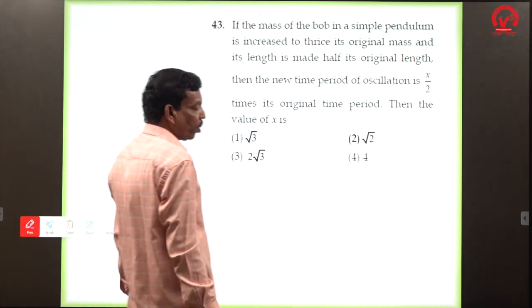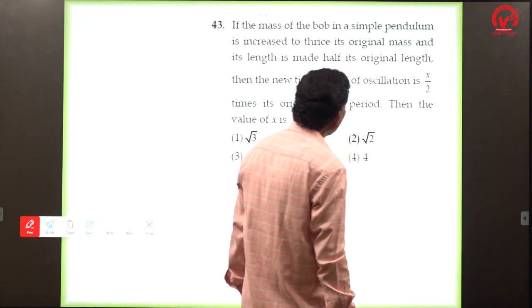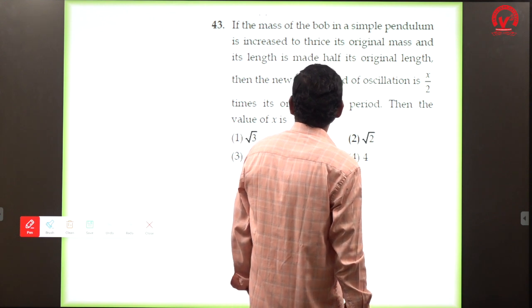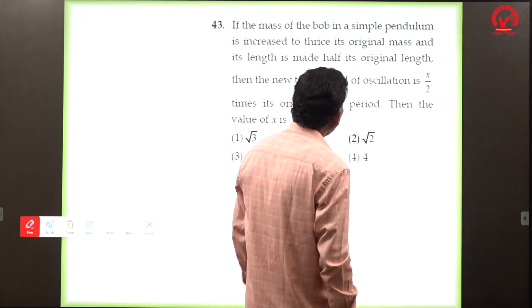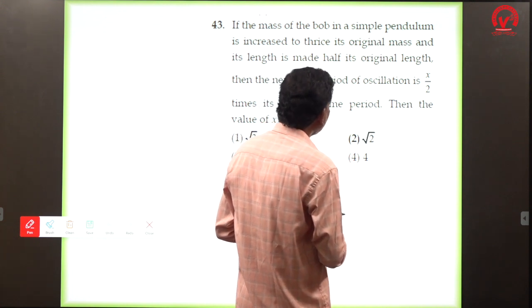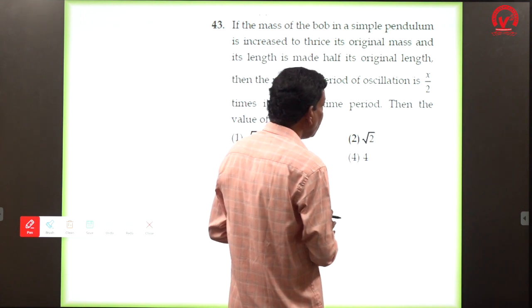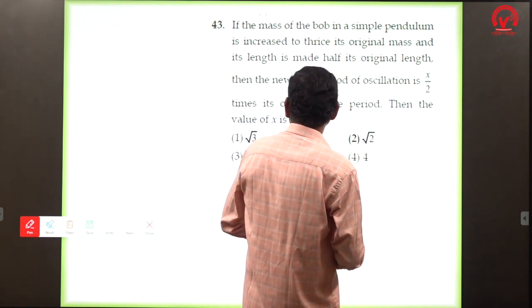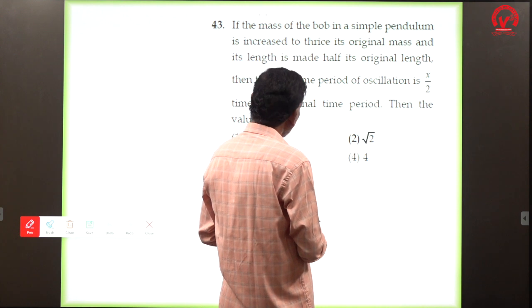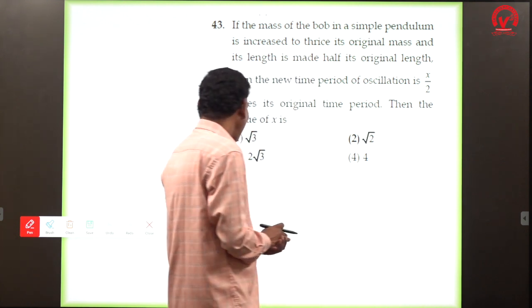Next, question number 43. If the mass of the bob in a spring pendulum is increased to twice its original mass and its length is made half its original length, then the new time period of oscillation is x by 2 times its original time period. Then the value of x.